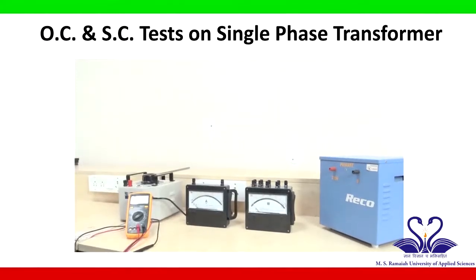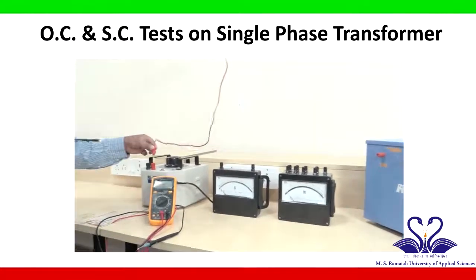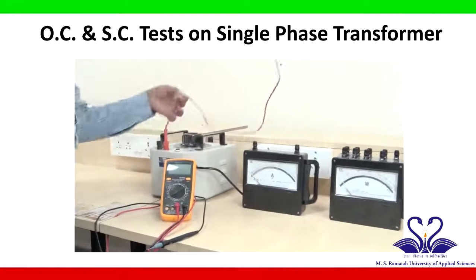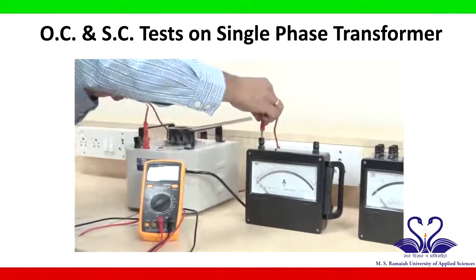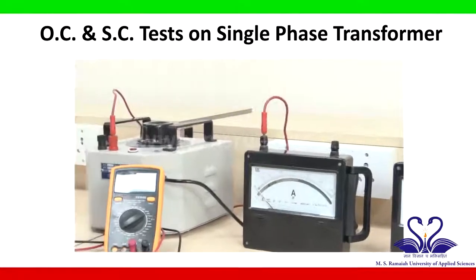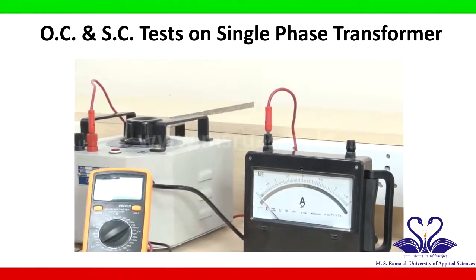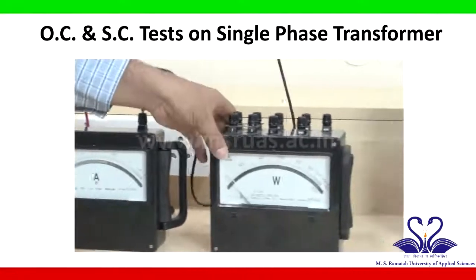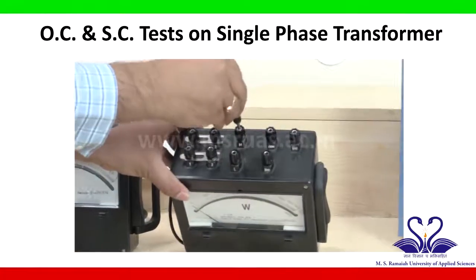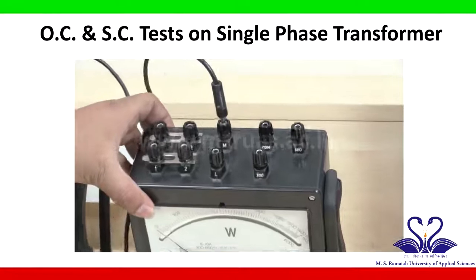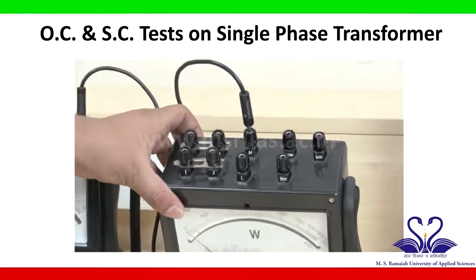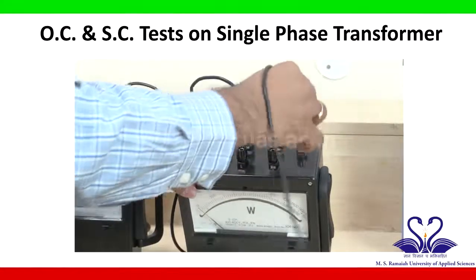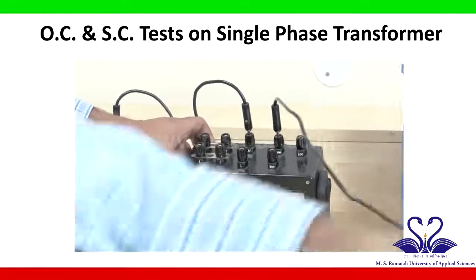Now, let us start the circuit connection. From the phase of the auto transformer, it is connected to the first end of the ammeter. The other end of the ammeter is connected to M of the wattmeter. M and C are shorted.